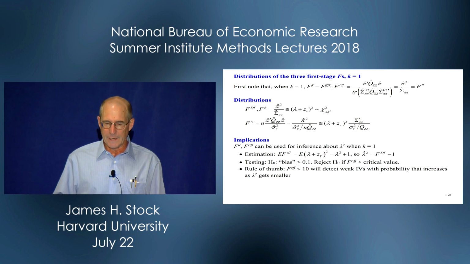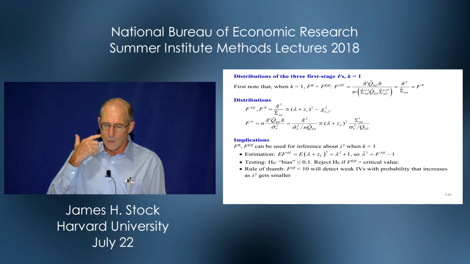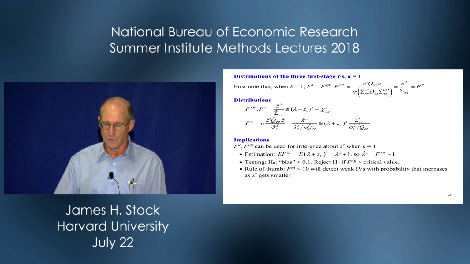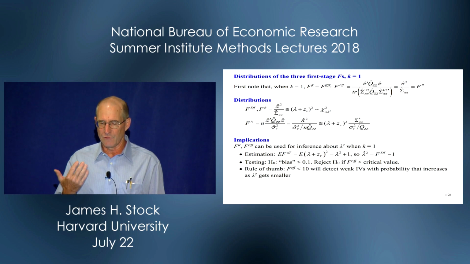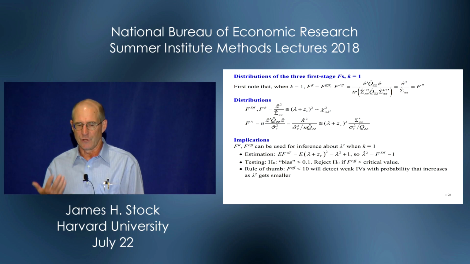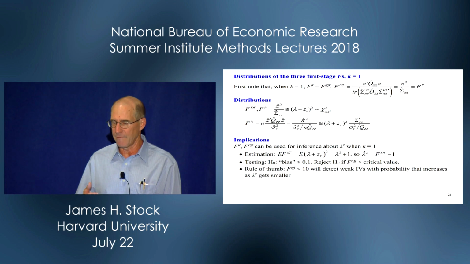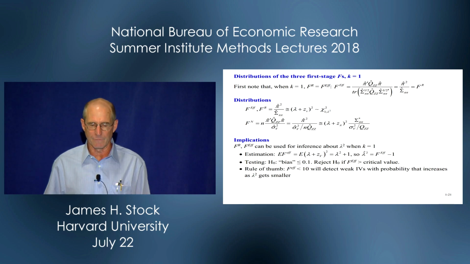In terms of thinking about estimation and testing here, let me say one other comment. If you wanted an estimator of lambda, you could just take that first stage robust F and subtract 1, and that would be an estimator of lambda squared.